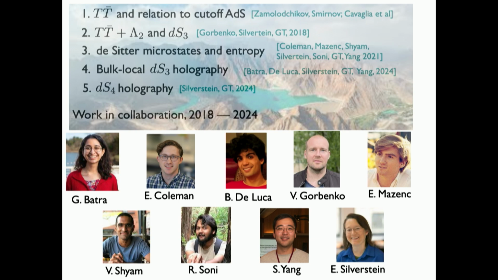Then we'll use it to understand how to build the de Sitter microstates and count de Sitter entropy in 3 gravity dimensions. And finally, in step 4, we'll show how to put things together to build the local version of dS3 holography. And at the end of the talk, I'll argue how this can be upgraded to the realistic case, which is 4-dimensional de Sitter.